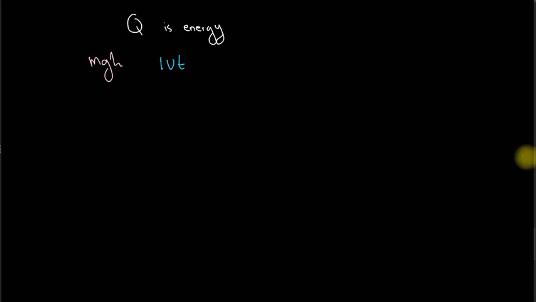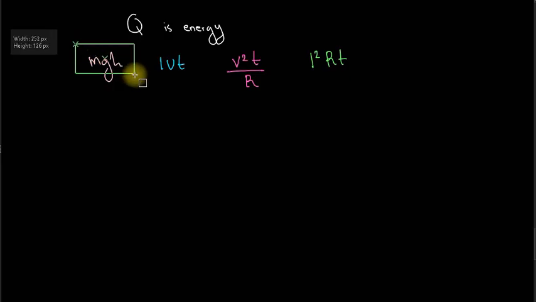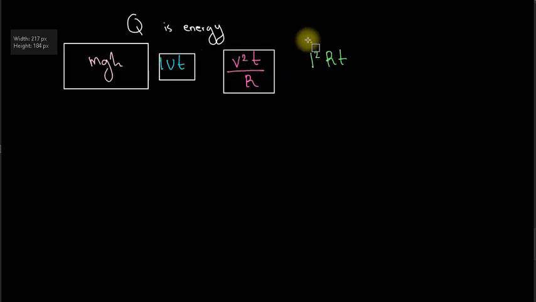Energy can also be V squared T over R. This is another formula for energy. Energy can also be I squared RT. So all these things I'm showing you are formulas for energy.